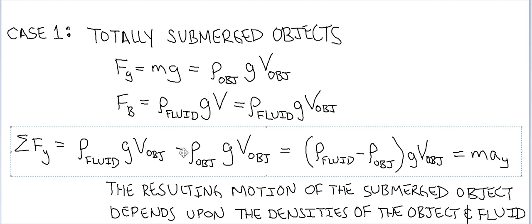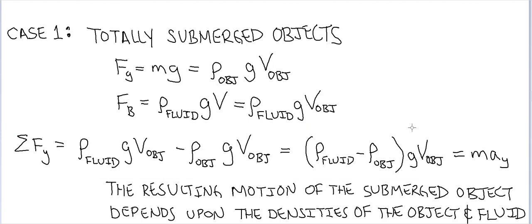There's a g V object in both of these, and so we can factor that out. And what we get is that the quantity density of the fluid minus density of the object, times g V object, is equal to m a_y.